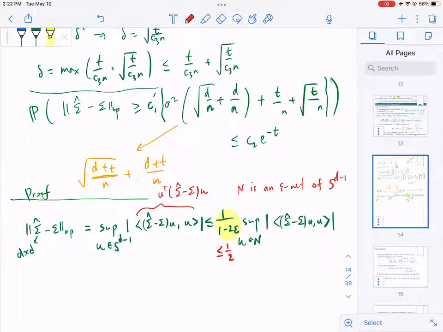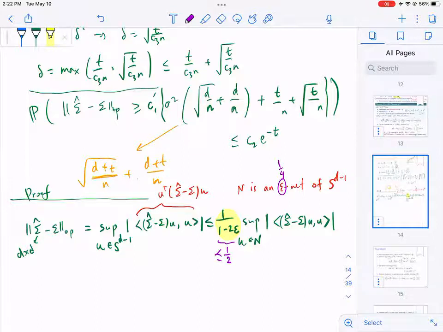And then what I would get is 1 over 1 minus 2 epsilon, because I have to discretize both of these. Something quadratic happens here, so just do it for yourself. And so if I take epsilon to be 1/4, I would get a 1/2 here, right? So this would be less than or equal to 1/2.